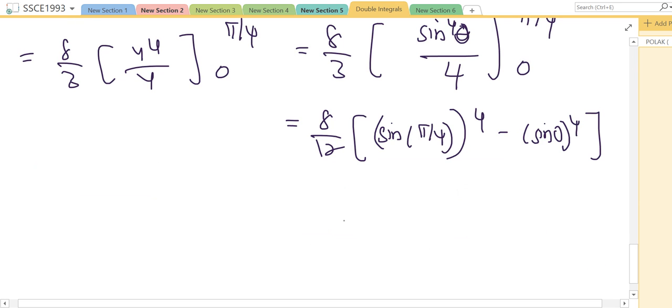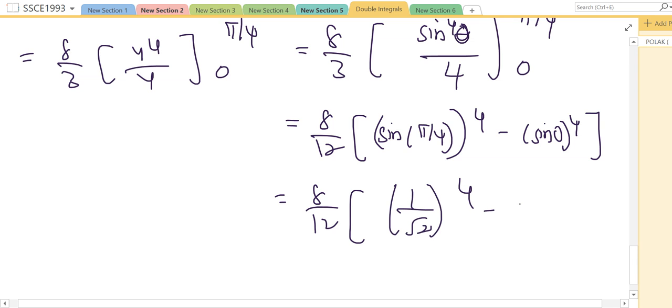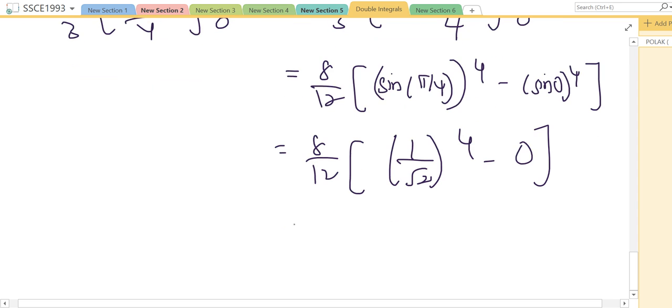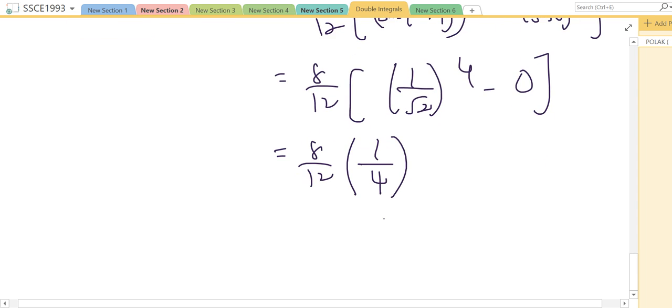Sine pi over 4 is equal to 1 over square root 2, and the second term is 0. So we get 8 over 12 times 1 over 4, and if we cancel out, we get 1 over 6. This is the final answer for this question.